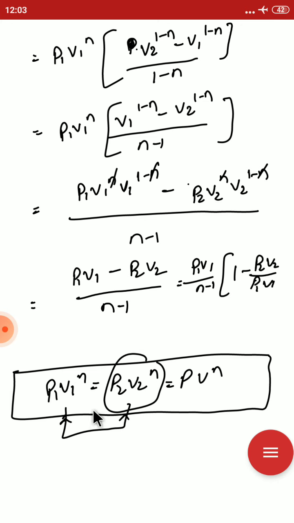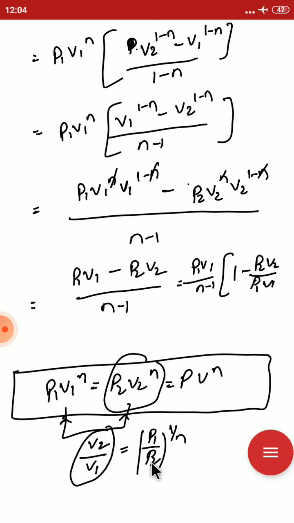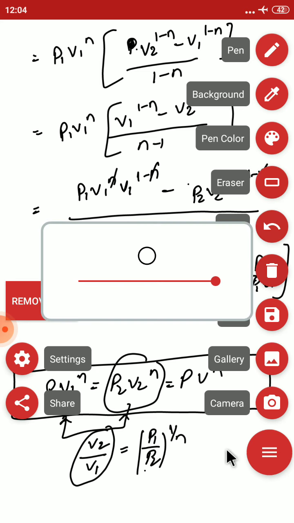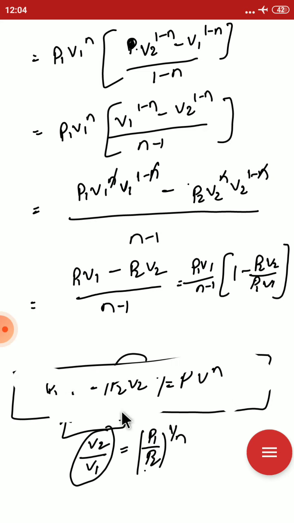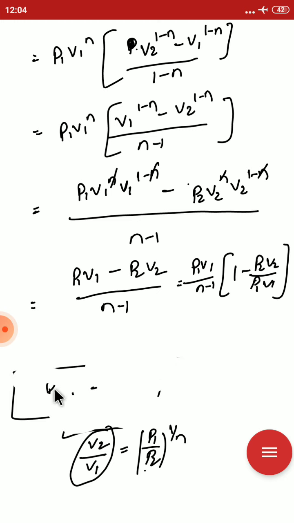Taking V2 by V1 on one side, we can write P1 by P2 raised to 1 by n. Now I am substituting this value here.